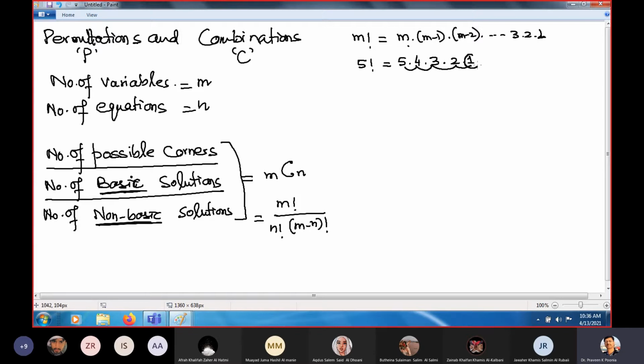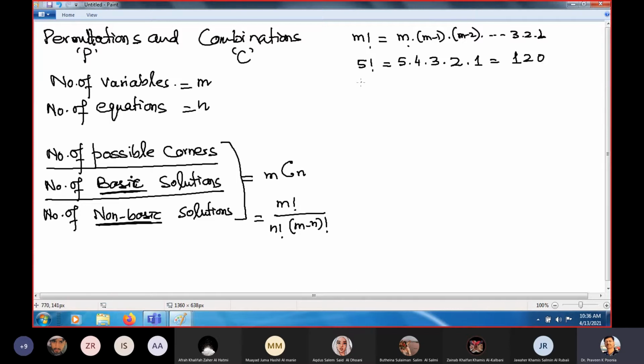And we need to stop at 1. The moment you get 1, stop. So factorial 5 is equal to 5 times 4, 20, 20 times 3, 60, 60 times 2, it is 120. So the value of factorial 5 is 120.